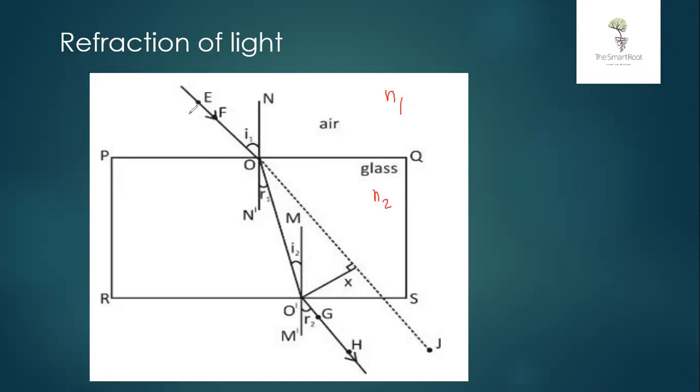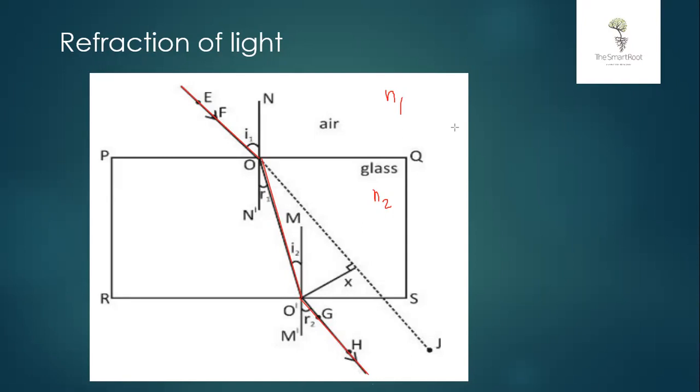Okay, N1 and N2. So when light travels from one medium to another medium, light bends depending upon whether it is a rarer medium or a denser medium. This property of light, showing bending when it travels from one medium to another medium, is called refraction. What is this called? Refraction. That is exactly what my red lines are showing.